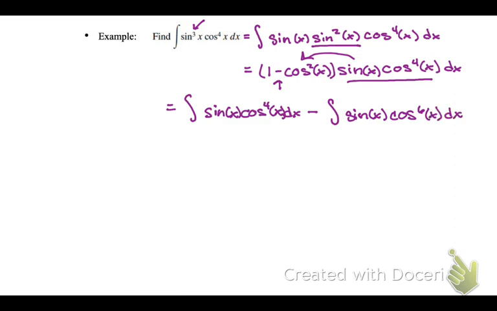You okay with that? Okay, so now that I have that, we're going to use the cosine as our u, because remember that's cosine of x to the fourth, yes? And to the sixth. So u is going to be cosine of x, and u prime, or du, will be negative sine of x.